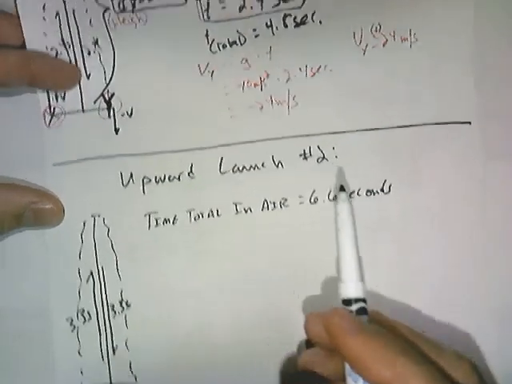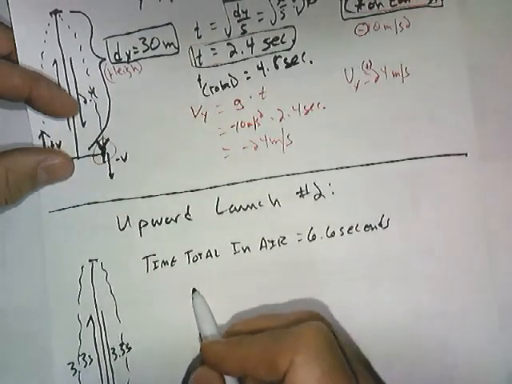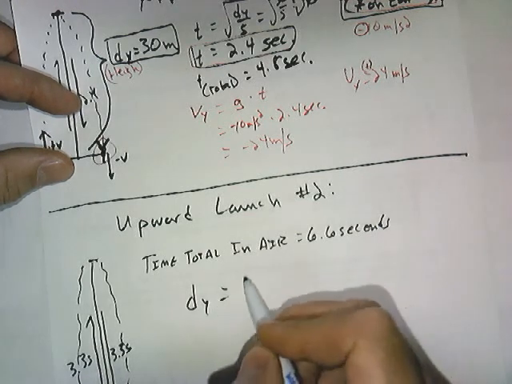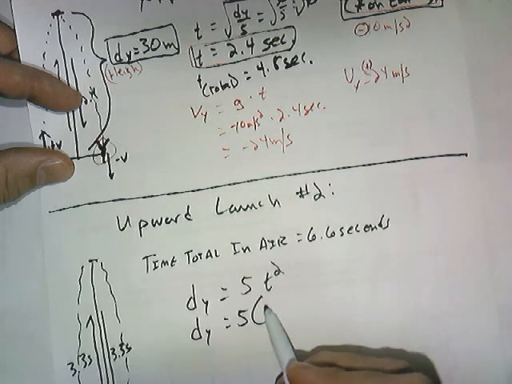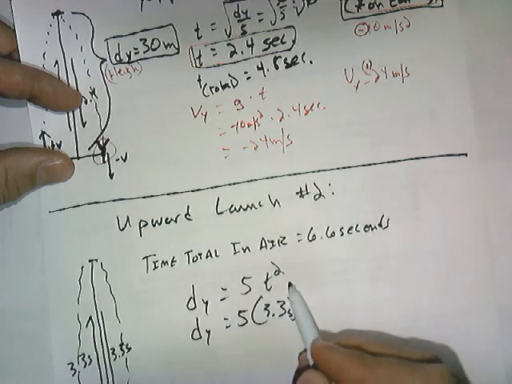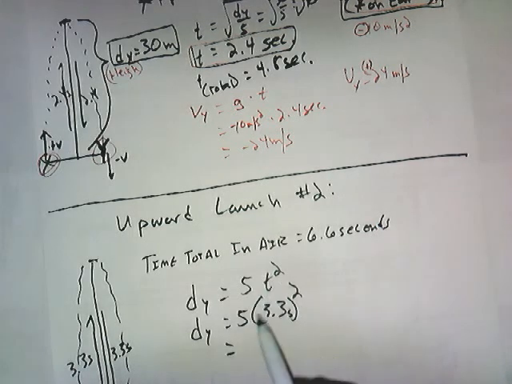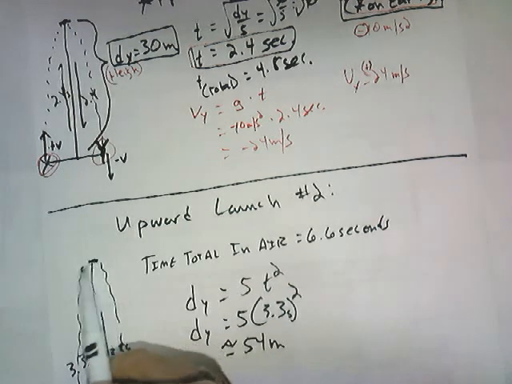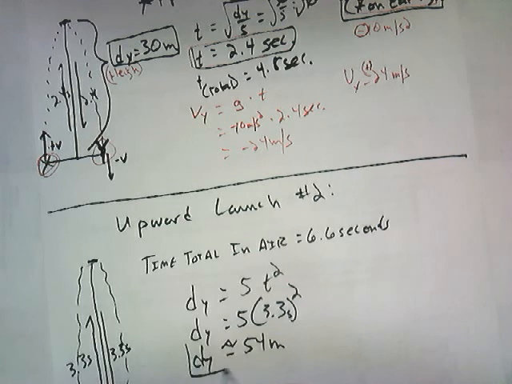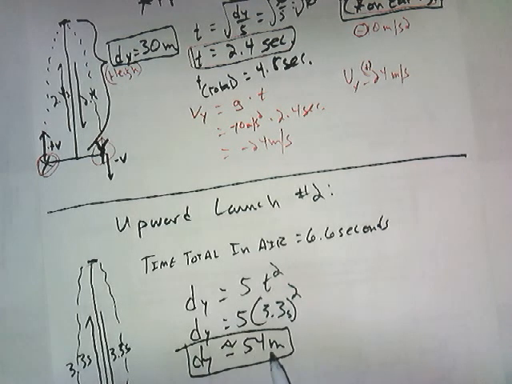As a result, I can ask you, what height did it travel to? d of y is going to equal 5t squared, so the height is 5 times 3.3 seconds squared. The height it traveled to is roughly 54 meters. Pretty close, 54.4. We'll go with 54. So d of y equals 54 meters.